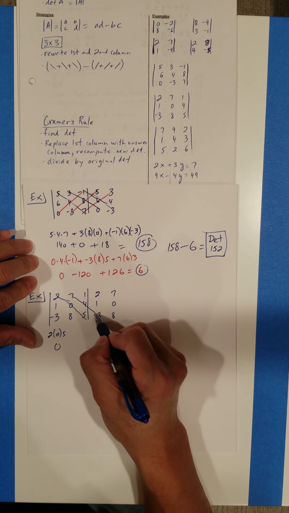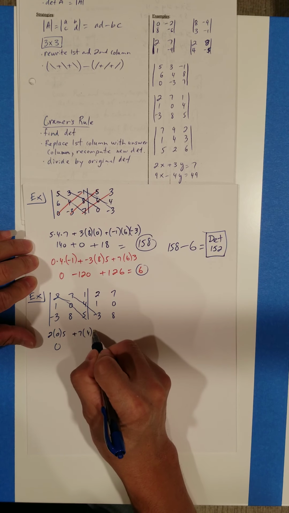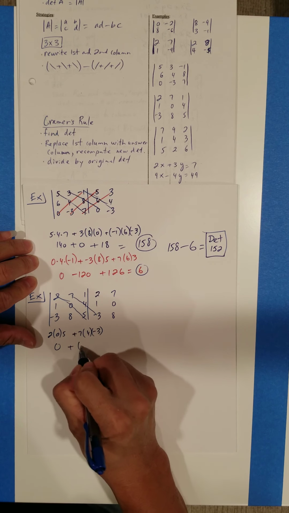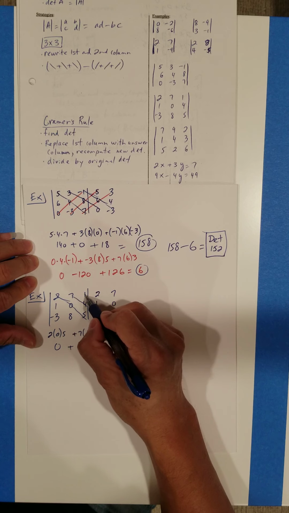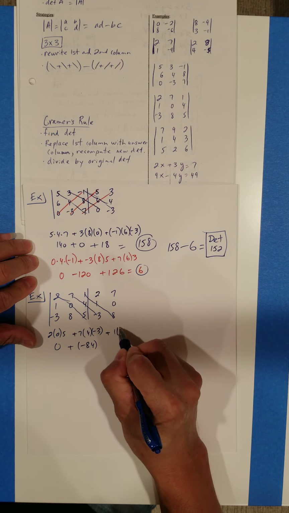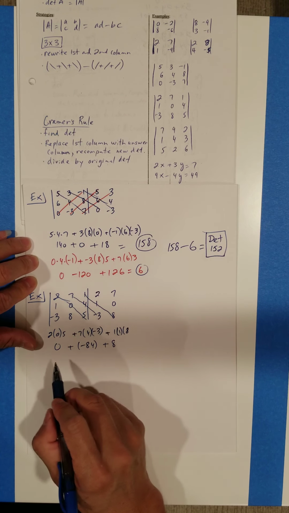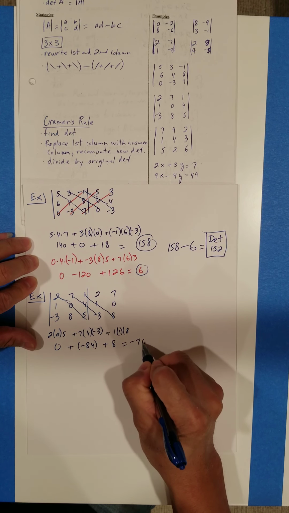Going down, we get 7, 4, negative 3. Multiplying these, you get negative 84. Going down is 1, 1, 8. 1 times 1 times 8 is 8. Now add these. When you add these, you get negative 76.